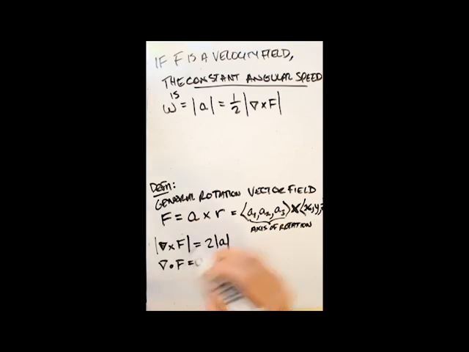So this is the constant angular speed of the field if your field is a velocity field.